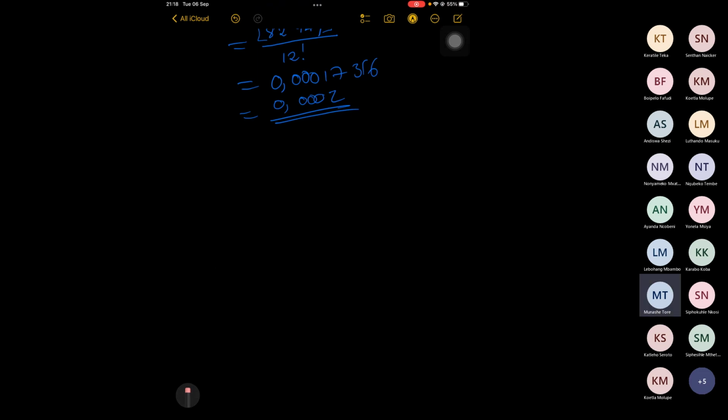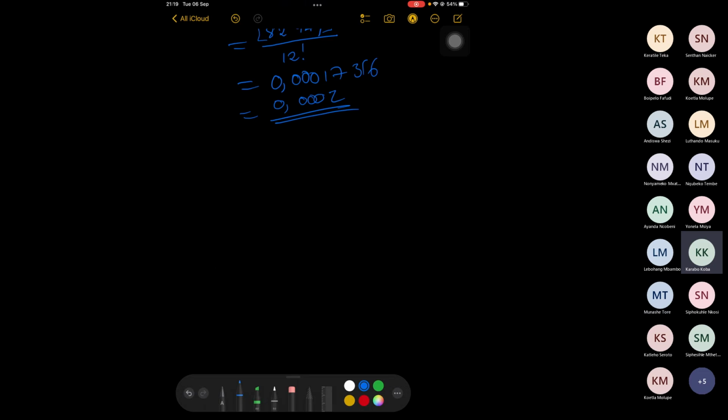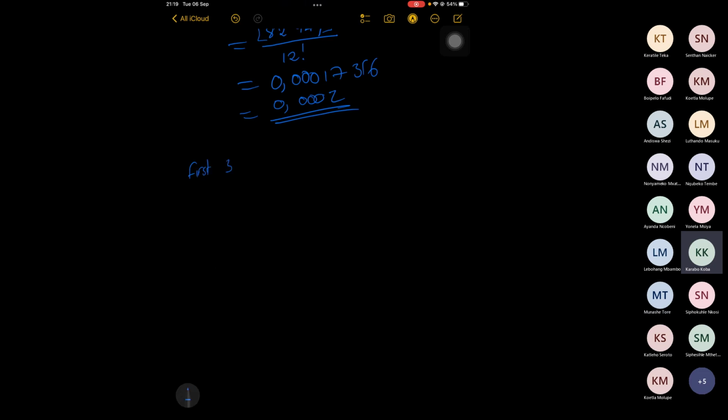What exactly do you mean by first three? For instance, if they say I should arrange cars, maybe BMWs, as the first three. I'm just making something up.